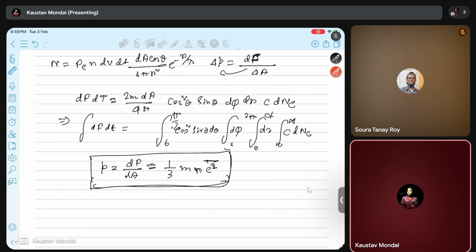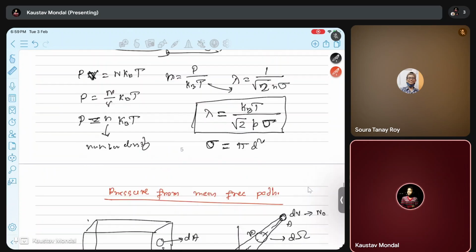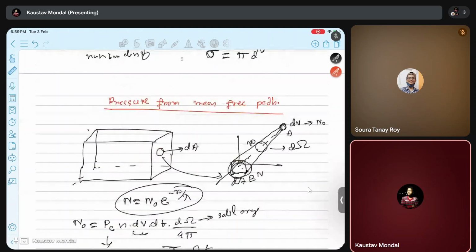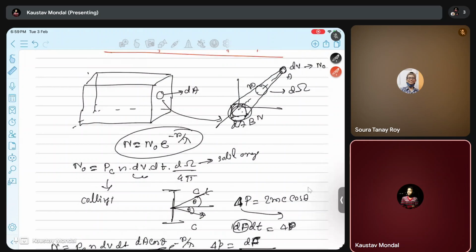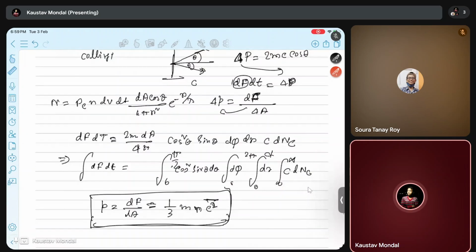If you know all these three things, you can calculate the pressure of an ideal gas inside a container. These are the important relations that we will be using when solving numerical problems.